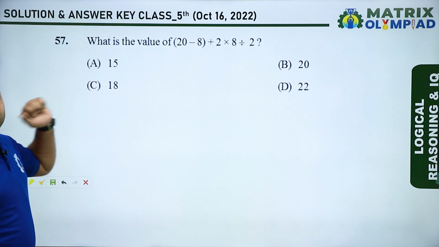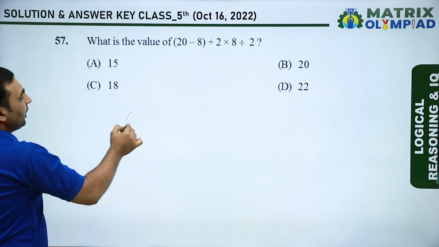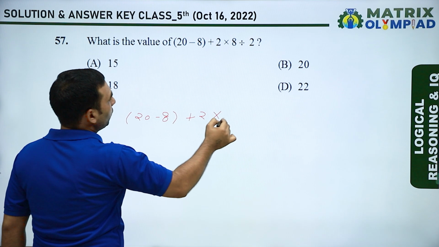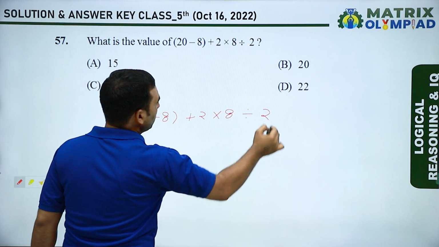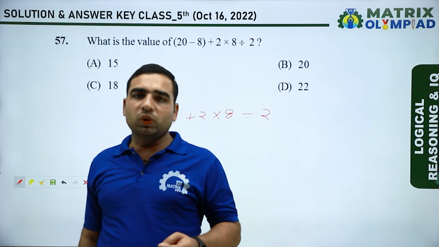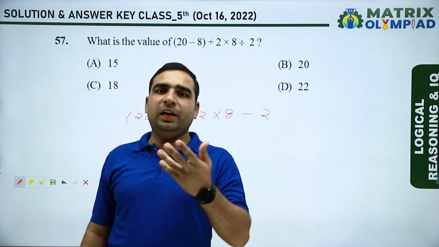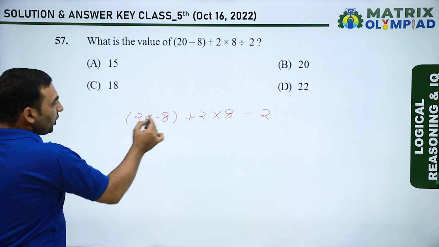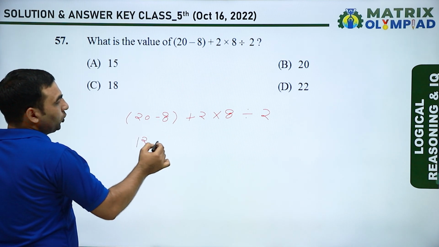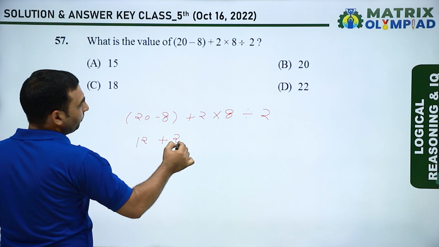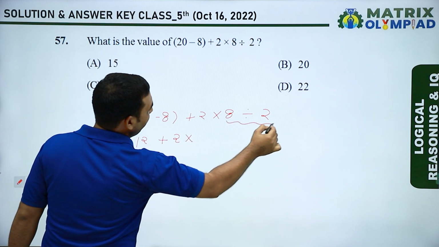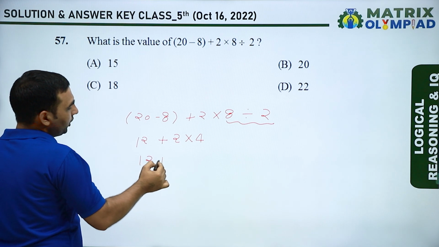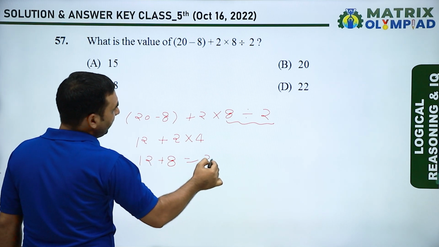Now we are discussing question number 57. 20 minus 8 plus 2 into 8 divided by 2. According to the BODMAS rule, we first solve the bracket, then divide, then multiply, then plus and minus. 20 minus 8 is equal to 12, plus 2 into 8 divided by 2, that is 4. 4 into 2 is 8. 12 plus 8 is equal to 20.